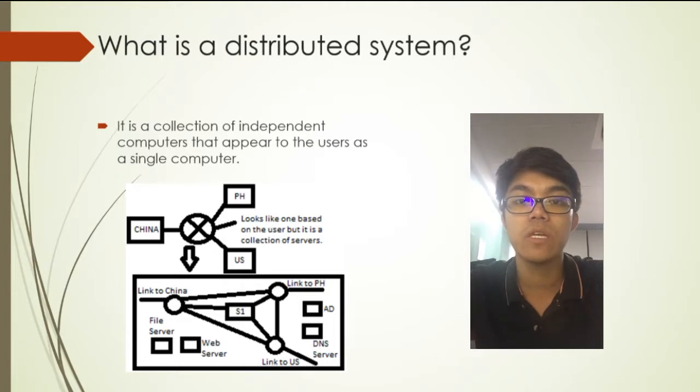When we open that particular router or cloud, we can see that there are file servers, web servers, and Active Directory and DNS server. They're being distributed on that particular cloud. So the user will treat that as just a gateway or a device, but in reality, there are so many devices interconnected on that one, and they provide services that we need.